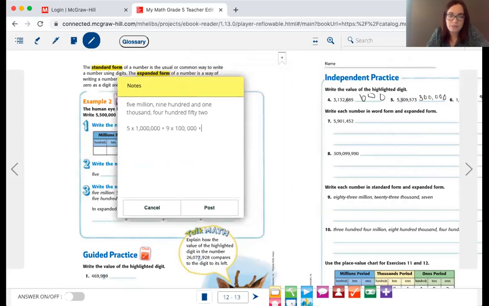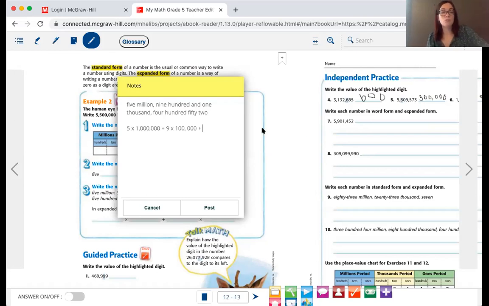Then I move on to my next digit. So see, I'm just moving down the list. It is a 0. And whenever you see a 0, you should be like, yes, because it means you don't have to do anything. And we all love when we have to do a little less work. So the 0 doesn't really have any value. It's just a placeholder. So then I'm going to move on to the 1.